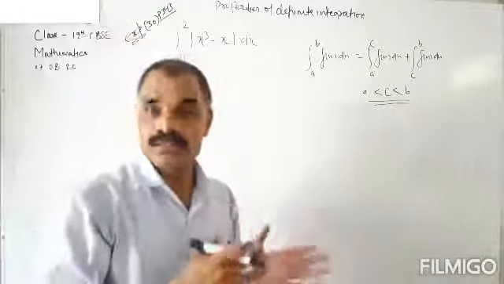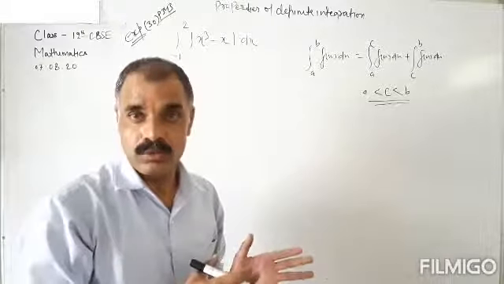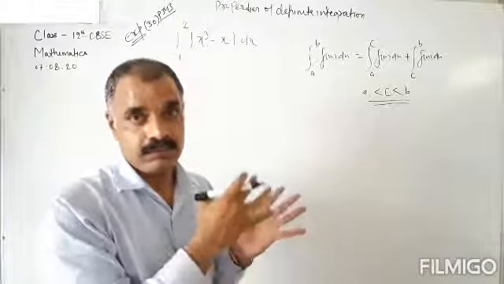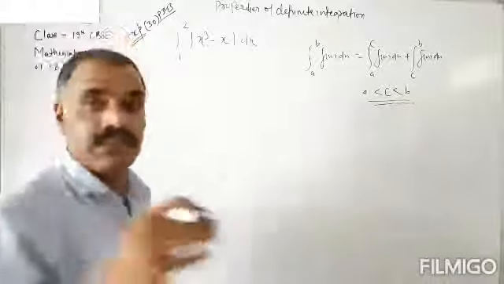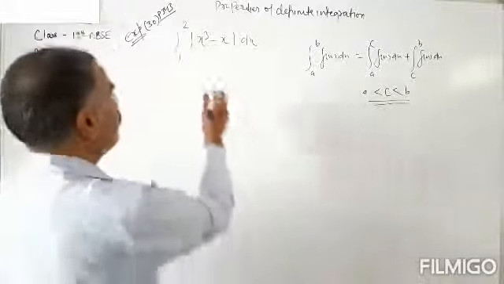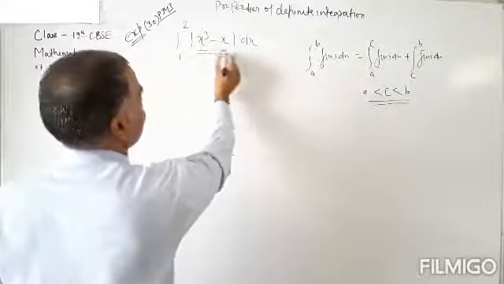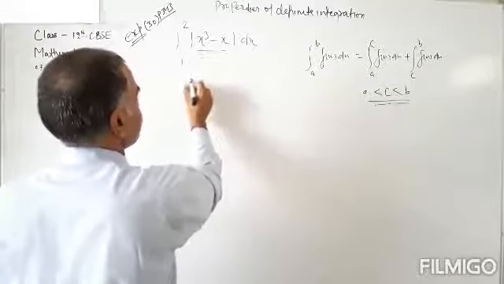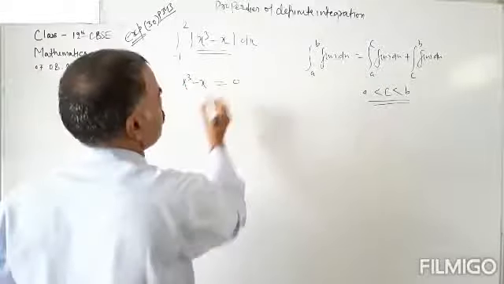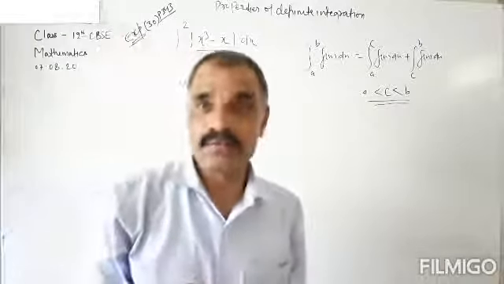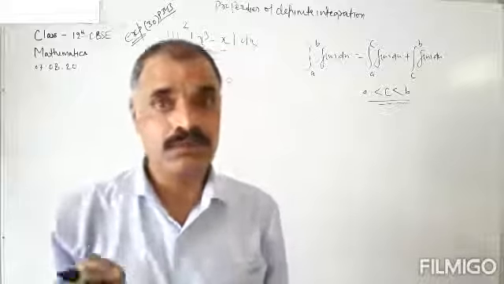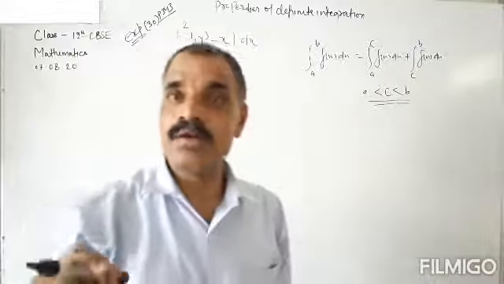There are other questions like this, so you can solve all of them on the basis of this question. So how to find c? To find c, we have to make this expression, x cube minus x, equal to 0. Okay, when we make x cube minus x equal to 0, we will have the value of x.